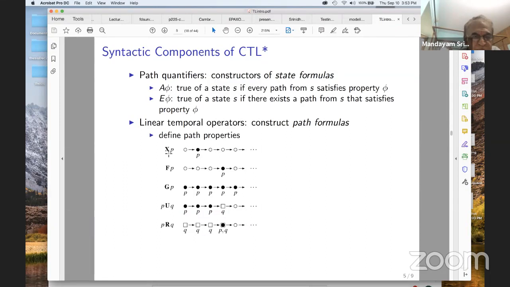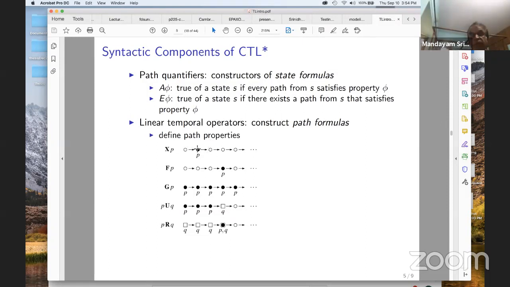So this is the next time operator. X is called the next time operator. And P here can be another path formula representing some path. So this is true of a trace. Okay, as I said, these are path formulas.